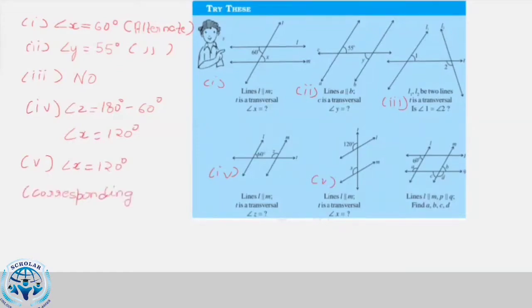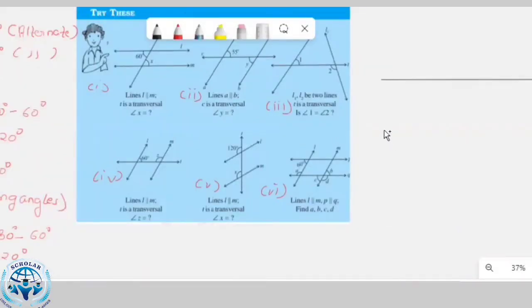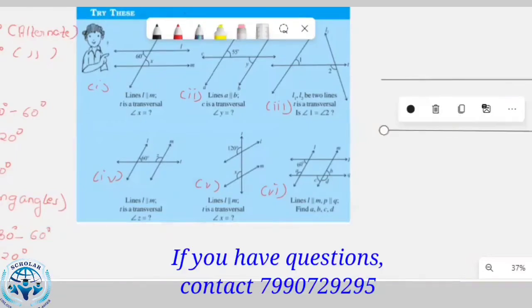Sixth one, we will draw this. Two parallel lines and two transversals. L and M are parallel, P and Q are parallel.